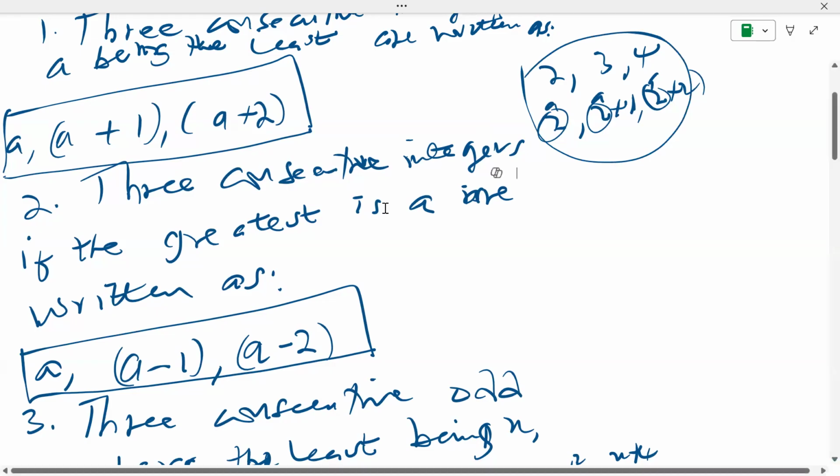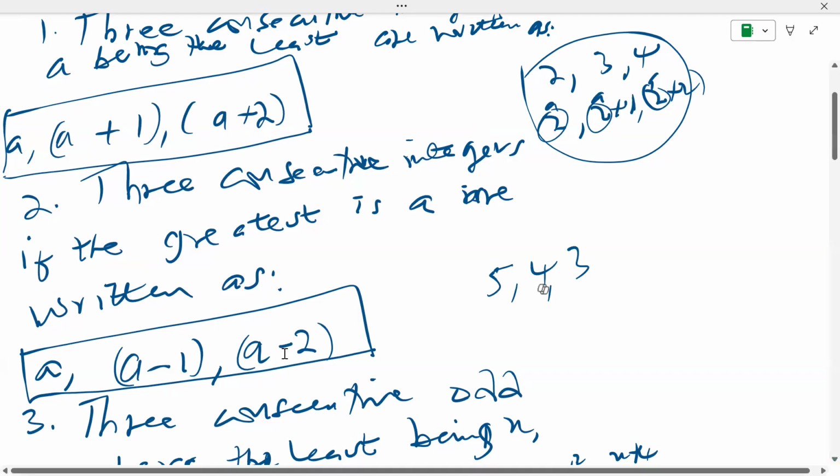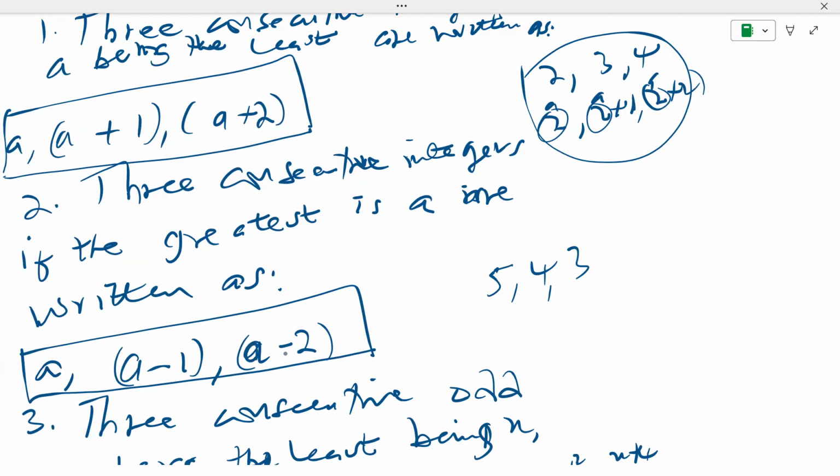If I have 3 consecutive integers and the greatest is A, I start with A, and then continue with A minus 1, and then A minus 2, because we were told that the greatest is A. If A is 5, then if I subtract 1, I get 4, and if I subtract 1 again, I get 3. So that's how it goes: A, A minus 1, A minus 2. That's great. You take note of that.